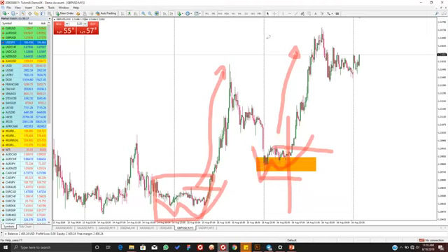Okay, let me make my chart a little bit clean so you can see properly. Right here is the Asian consolidation, because this dotted line right here identifies one day. Like the box is just a day. From this line to the other line is one day. So this is the end of one day and the beginning of another day, and this is the Asian consolidation till the London section opens.